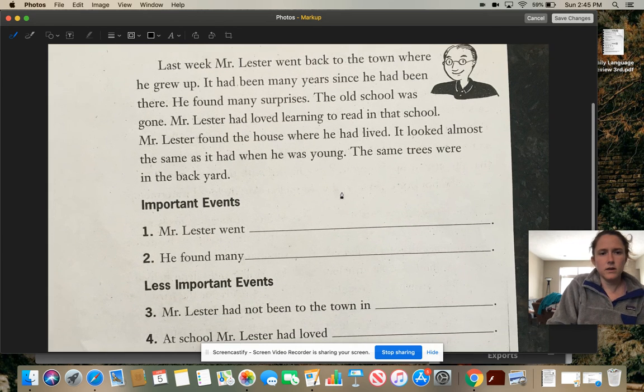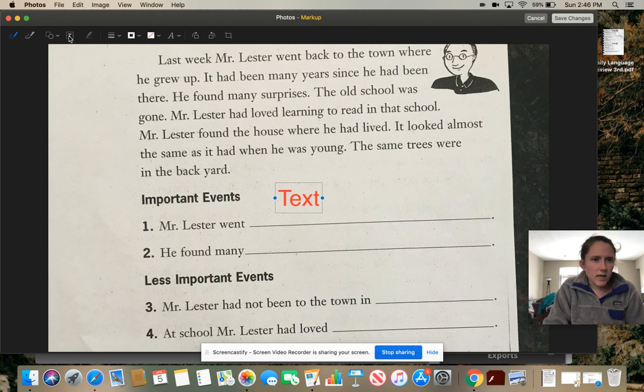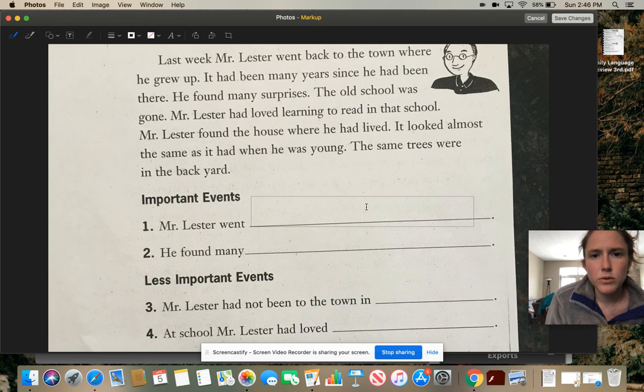So let's look for the important events. So Mr. Lester went where? Well, let me find my text box. Okay, I'll move it. So where was the important place where Mr. Lester went? So most importantly, he went back to the town where he grew up.